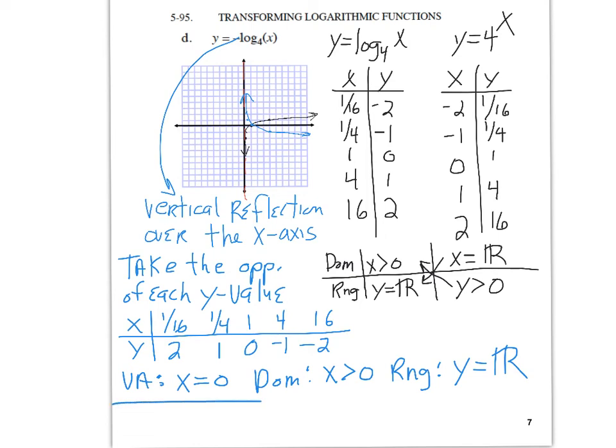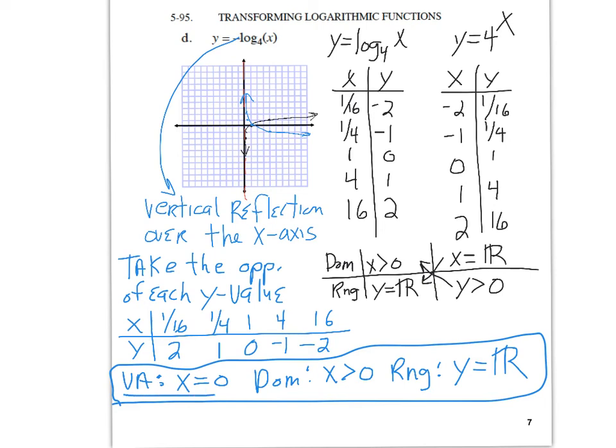One thing that I do want you to focus in on that I have left out a little bit, or haven't been consistent going through, is finding your vertical asymptote, domain and range for this final function that you're trying to graph. So in part D, y equaling a negative log base 4 of x, your vertical asymptote is still going to be at x equaling 0, and your domain and range is x greater than 0, y equaling all real numbers.